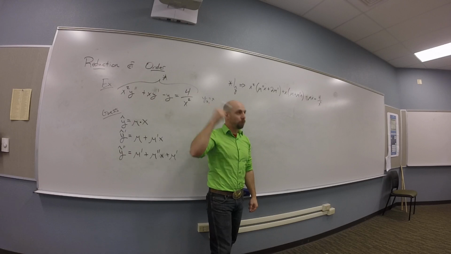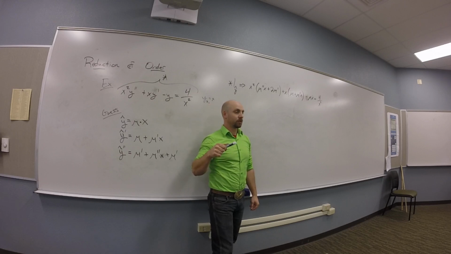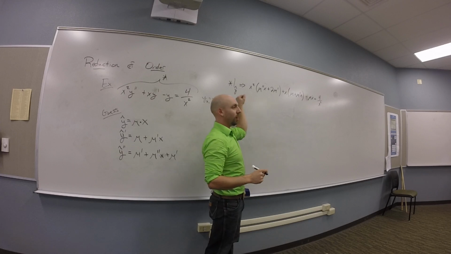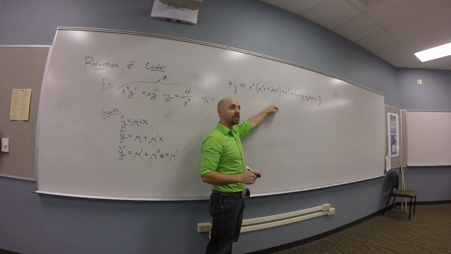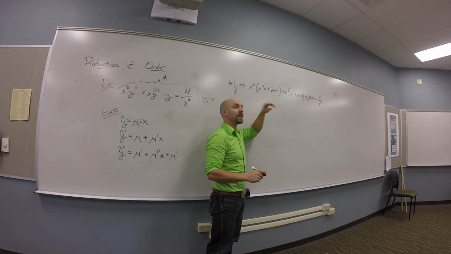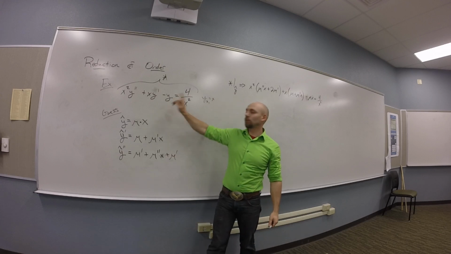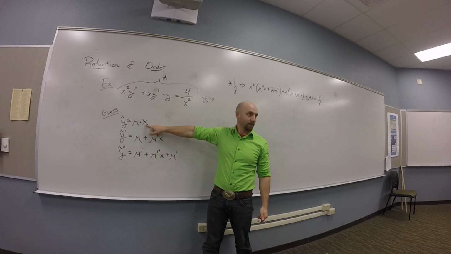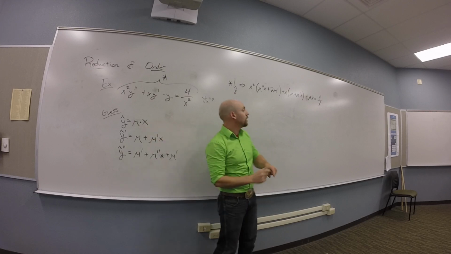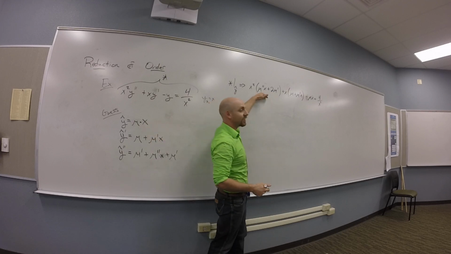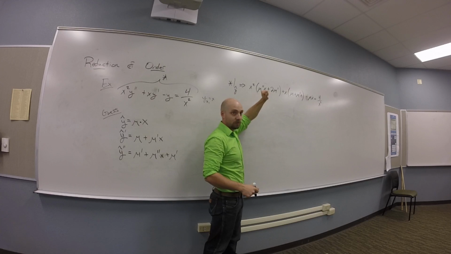This is me forcing mu. This isn't me checking something, this is me forcing something. So I'm saying, if I'm going to solve my differential equation with y hat, which is mu times my original homogeneous solution that they gave me, then mu is going to have to satisfy this differential equation.